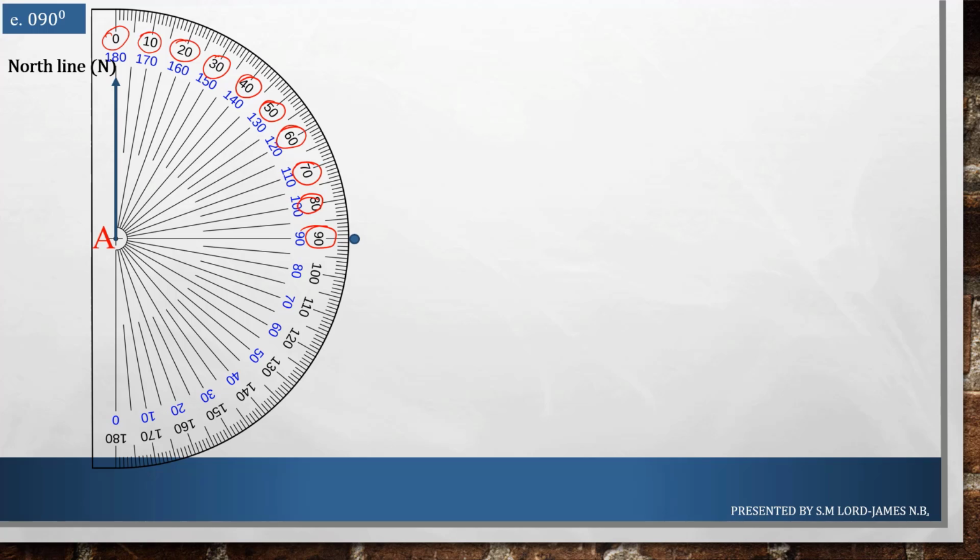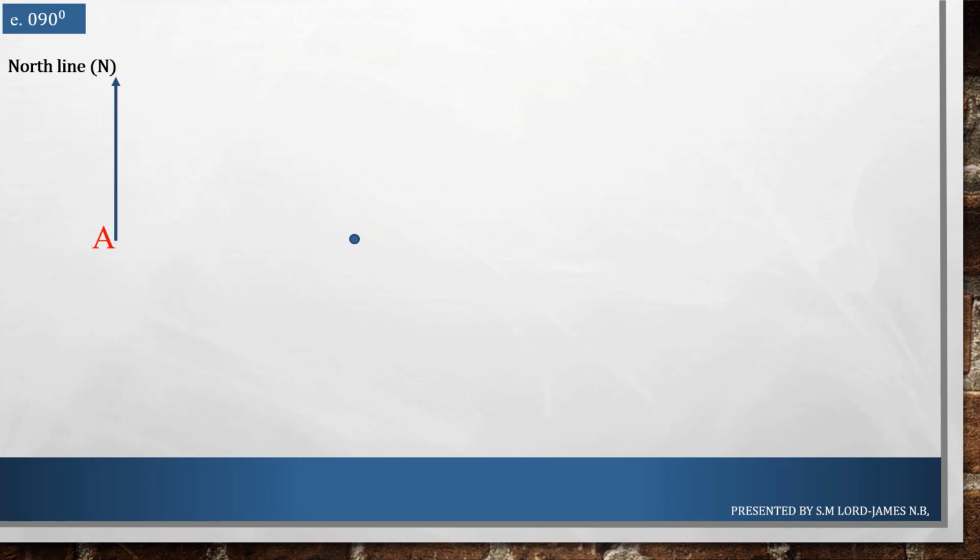So with that, we carefully remove our protractor and then we link from A to the point P, and so all this angle is 090 degrees.